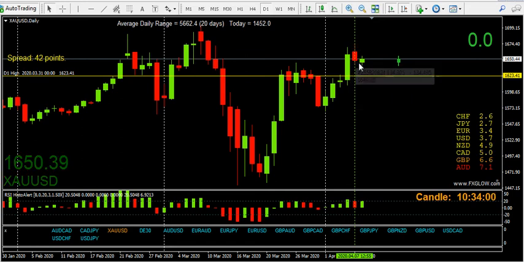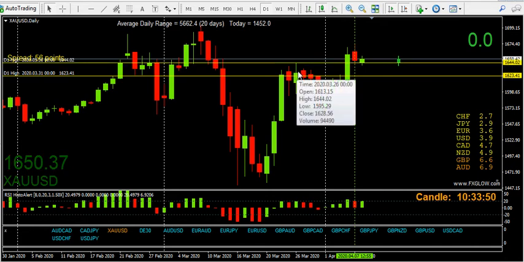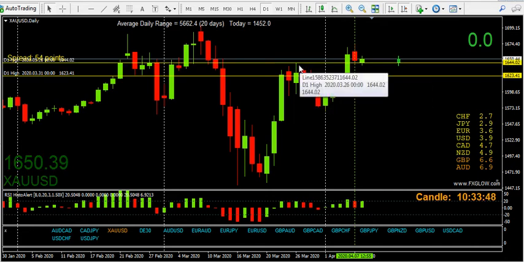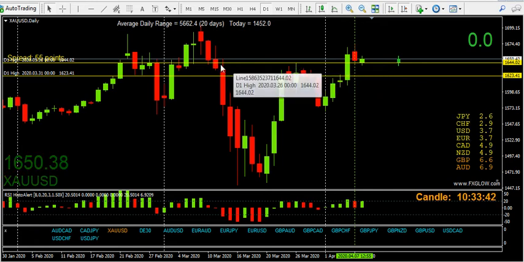We get the pullback. So we would have to be aware that this would affect any pullback we've got, because that was the last resistance broken, or the highest resistance broken, should I say. In fact, that's a lie, this one was. But price tends to come back to the most recent.